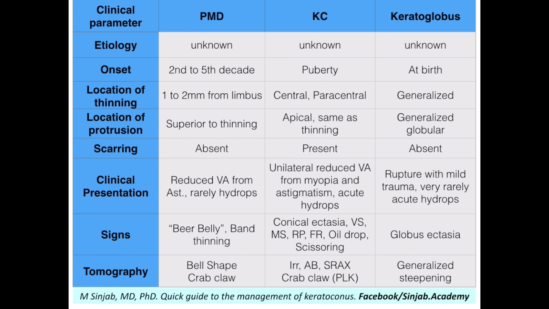In keratoconus, we can see different shapes on the curvature map, like the irregular, the asymmetric bow tie, the skewed radial axis index, the hot spot, inferior steep, superior steep, and many different shapes that we talked about previously. In keratoglobus, we can see generalized steepening on the curvature map and generalized thinning on the pachymetry map.